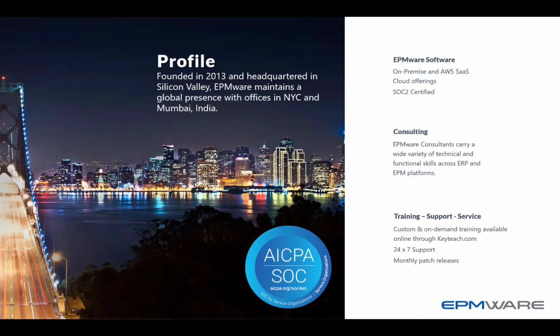We also offer consulting, and we work with a number of different consulting partners. And of course, training and support services are available, also on keyteach.com through a really amazing training class. What we're going to do today is walk through EPMware and the OneStream Adapter.